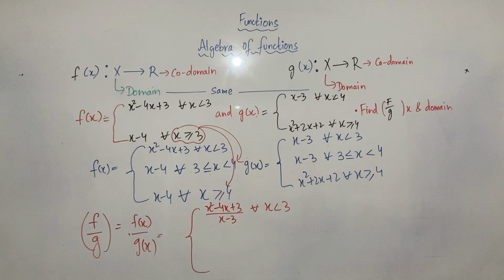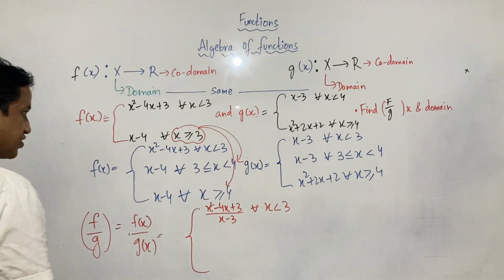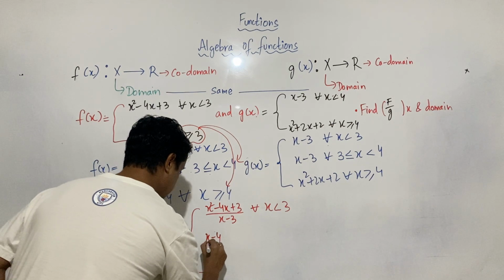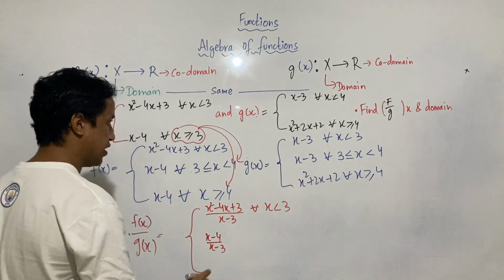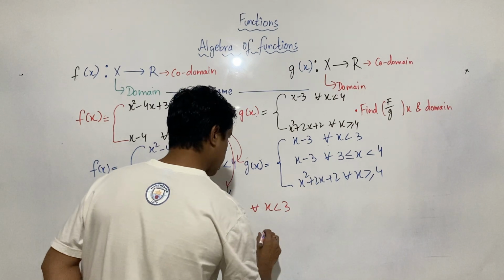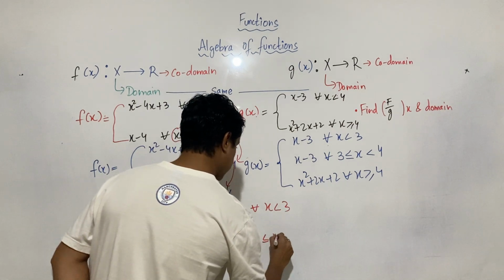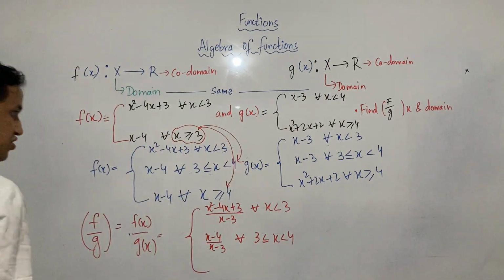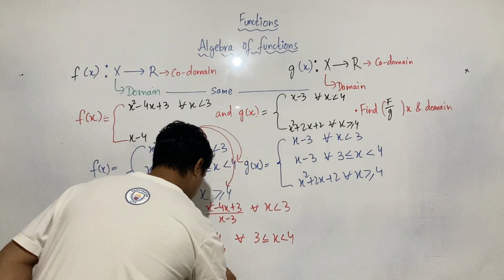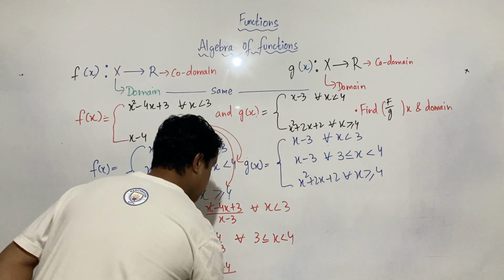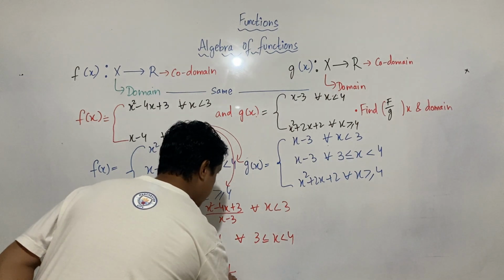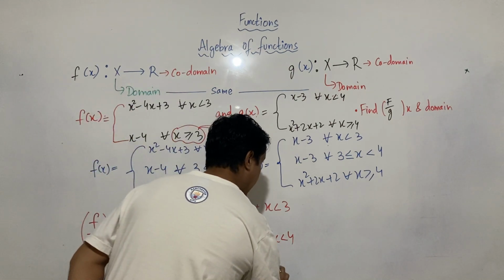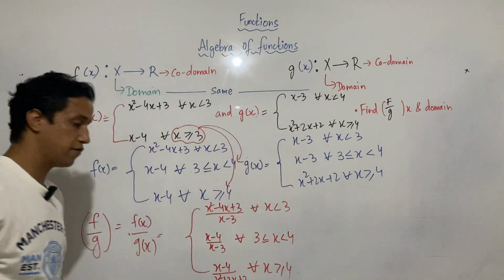Then for this interval of domain, it's going to be x minus 4 divided by x minus 3, for all x belonging to this interval. And the last interval is going to be x minus 4 divided by x squared plus 2x plus 2, for all x greater than or equal to 4.